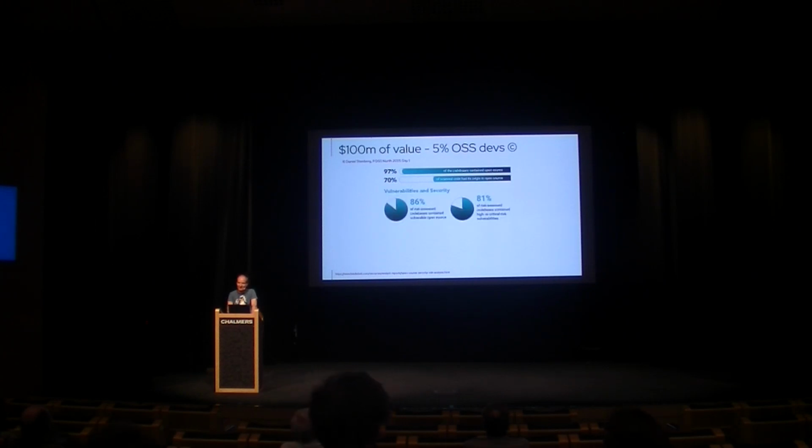Vulnerability and security problems definitely exist, and again, some of the scary numbers that we probably know. 86% of code bases contain vulnerable open source, for example. Also, we have some licensing problems, right? 56% of the code bases had license conflicts, which is also not good.